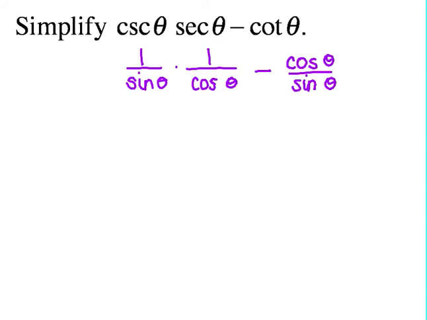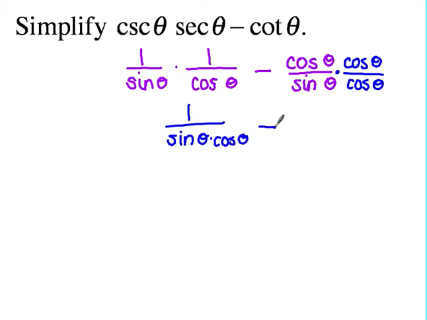Now in order to combine things, you need to have a common denominator. I don't have a common denominator here. I have sine, cosine, and I have sine. All right? So let's make this the same denominator. So what am I going to want to multiply by? So when I already have a sine, I need a cosine, right? So really, if you think about it, I now have 1 over sine times cosine, okay, minus, what's cosine times cosine?